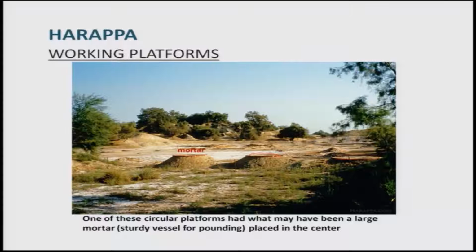A mortar can be utilized for pounding the rice husk or husking the grains, and these might have been in the courtyards or maybe in a very big room, and if these are located in a courtyard, they must have been used for public purposes.